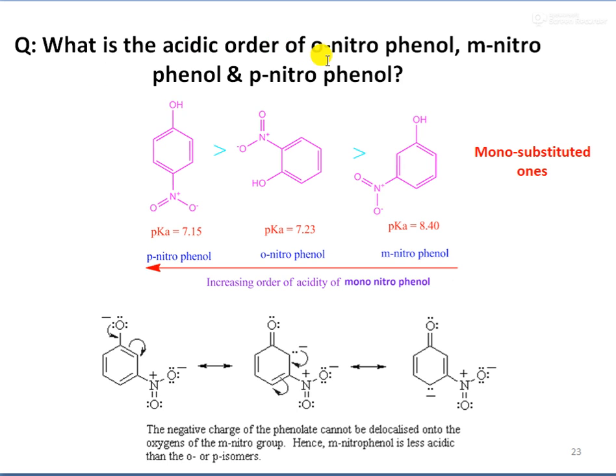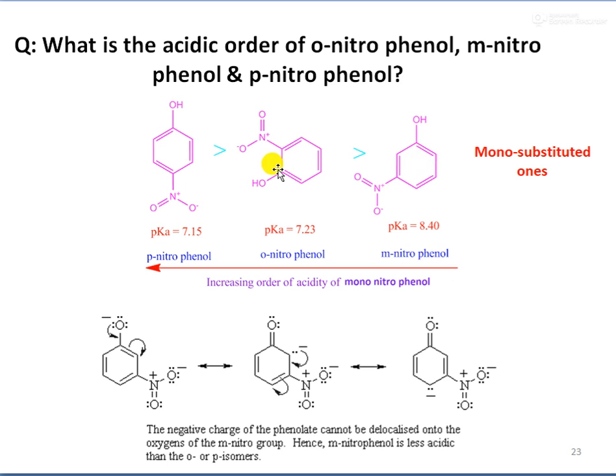Then we compared the acidity order of ortho-nitrophenol, meta-nitrophenol and para-nitrophenol. And the most acidic is the para-nitrophenol among the three. Then comes the ortho-nitrophenol and the least is the meta-nitrophenol.